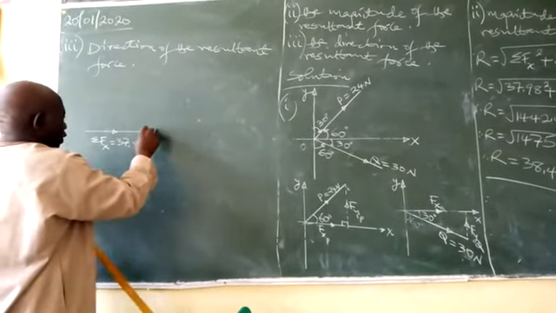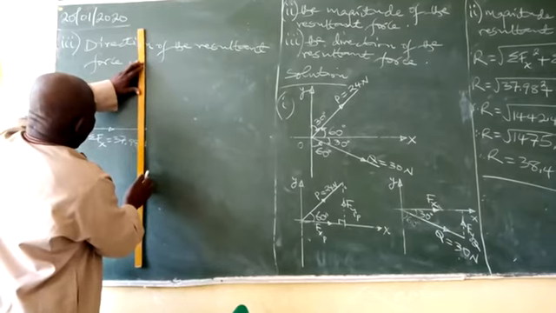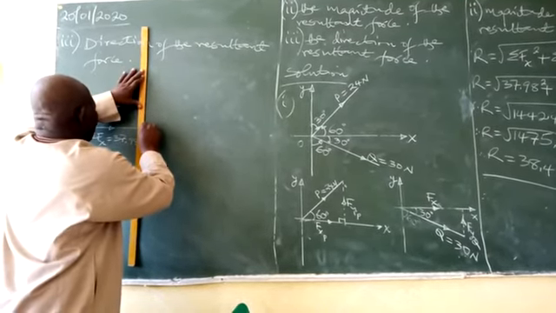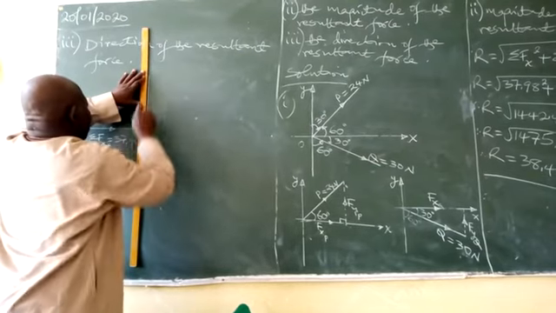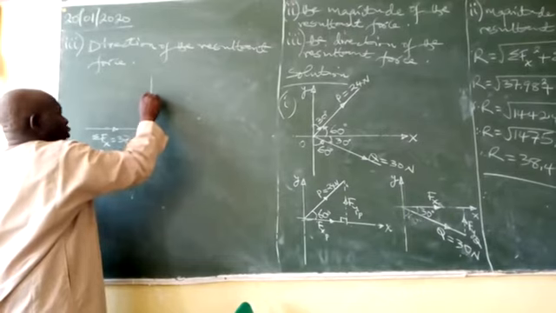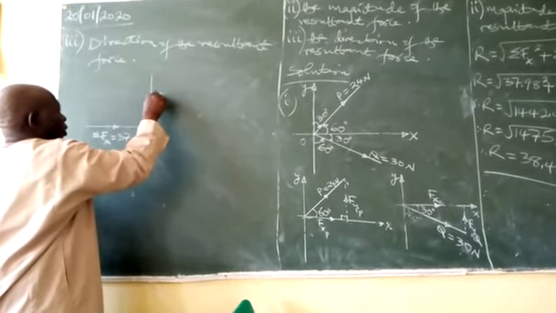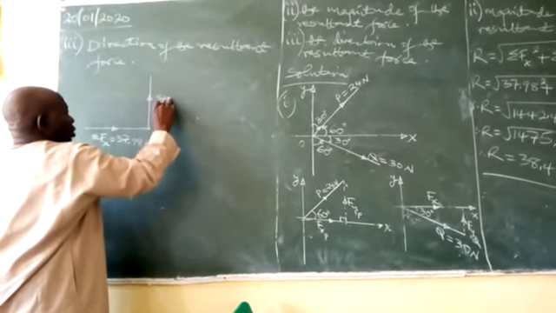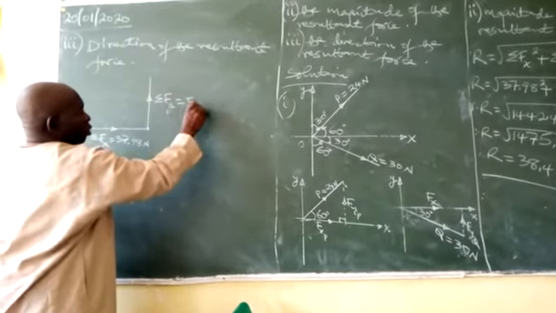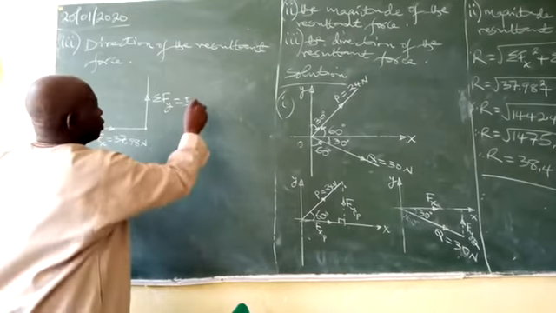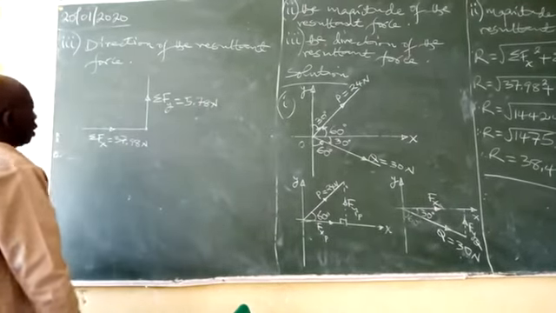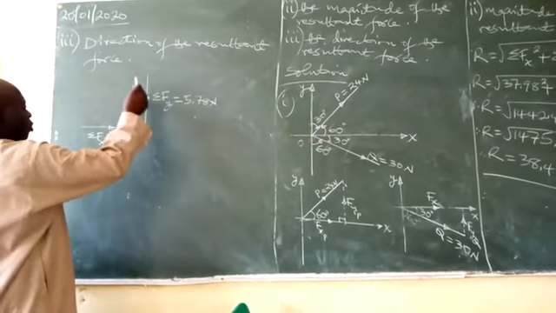From the head of the first vector, I draw the second vector vertically upward, since it is positive. So this is summation F of y, which is 5.78 Newton. So now these are the two vectors.